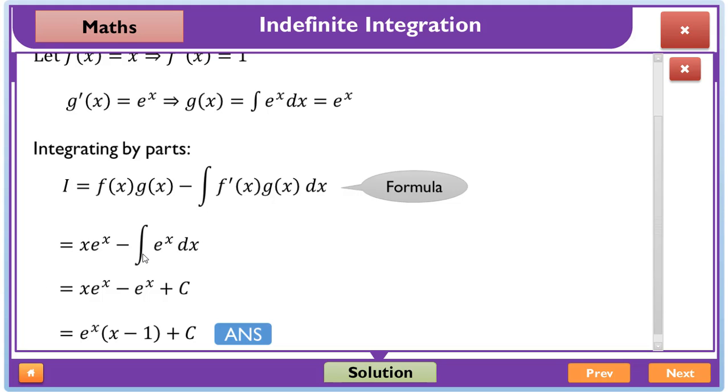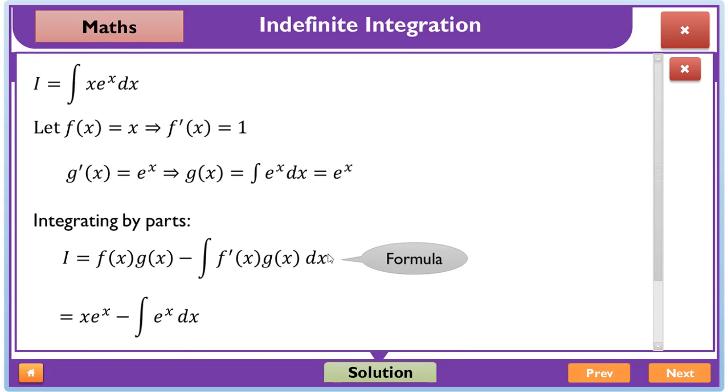So our final integration will be x e to the power x minus e to the power x plus c, or if we take e to the power x common, it will be e to the power x times (x minus 1) plus c, where c is an arbitrary constant of integration. So this is a simple example of how to use integration by parts.